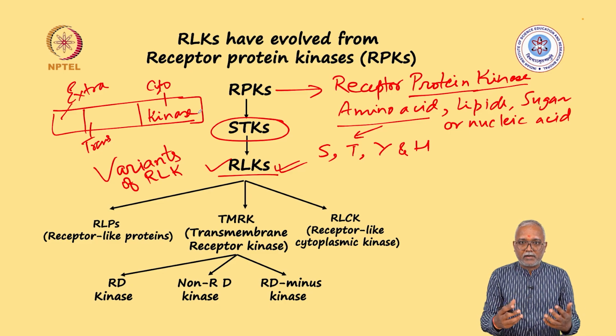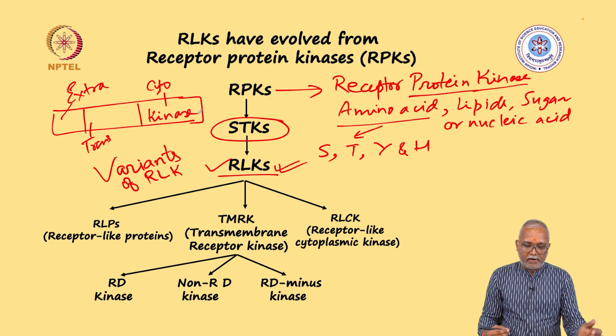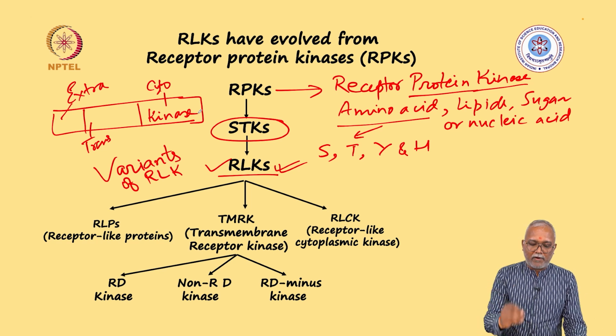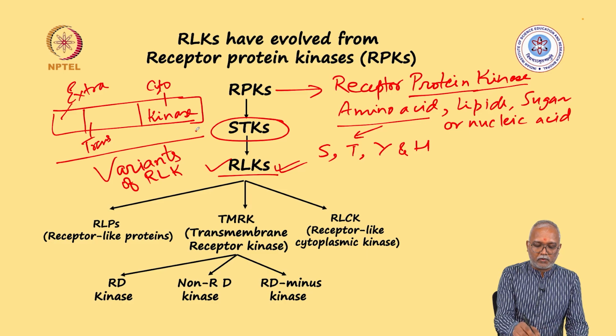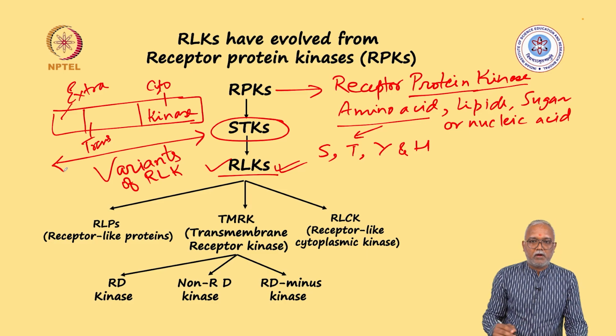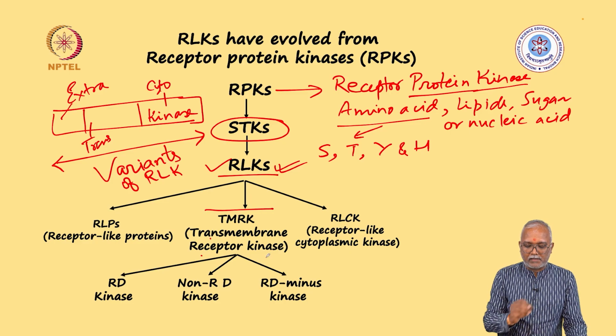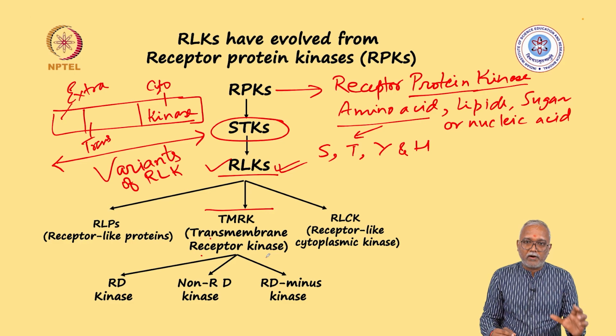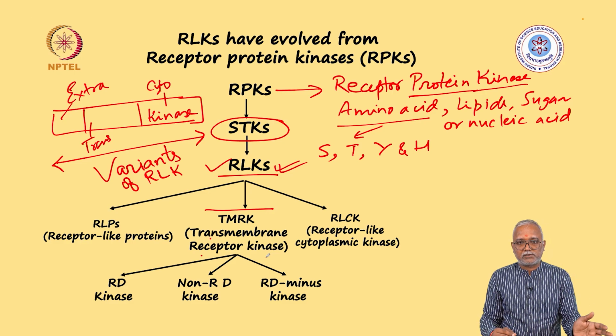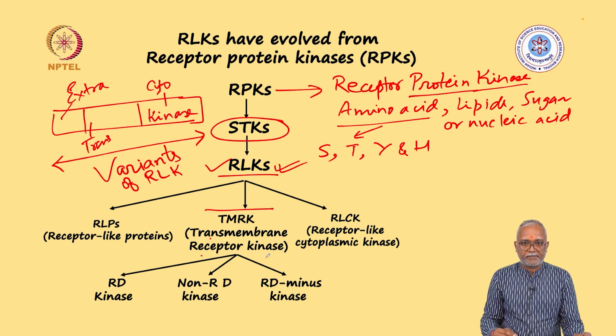And now the variation comes from how these 3 domains are assembled in the final molecule. The one which meets all the requirements of a receptor, with all these domains present, is called TMRK or transmembrane receptor kinase. This is the full receptor molecule which has an extracellular domain, a transmembrane domain, and a cytosolic domain.